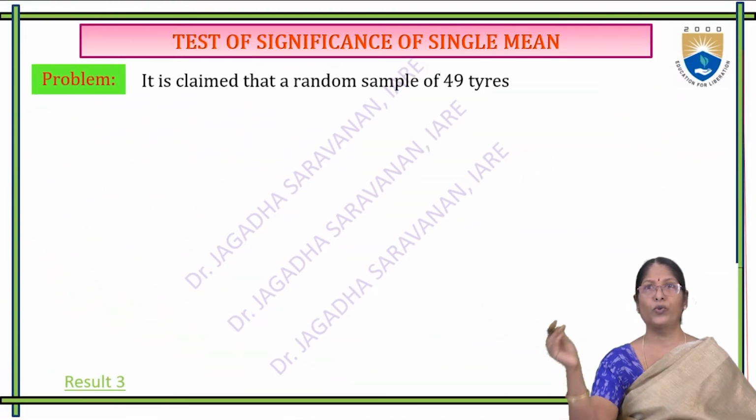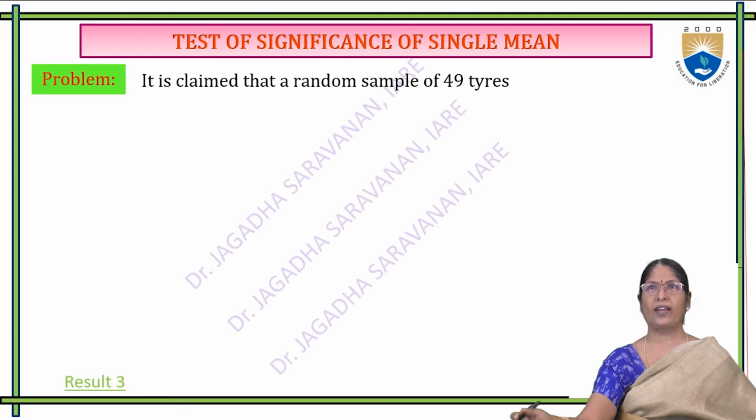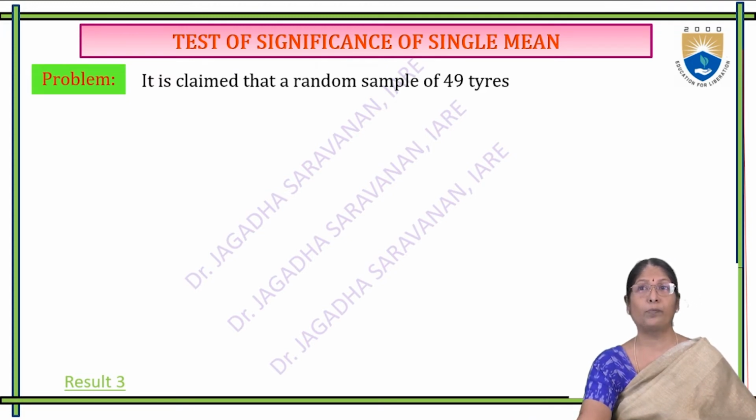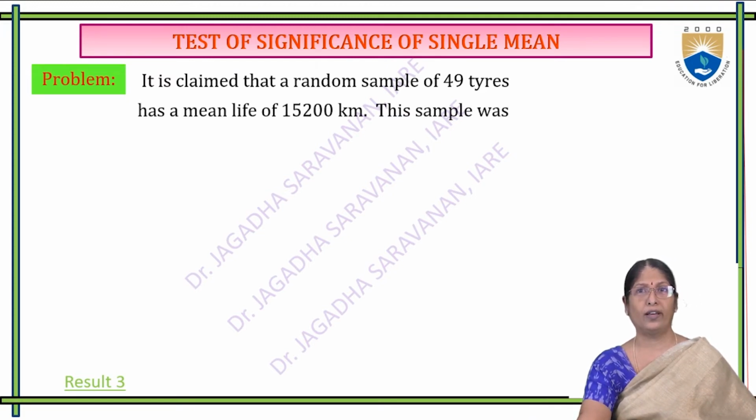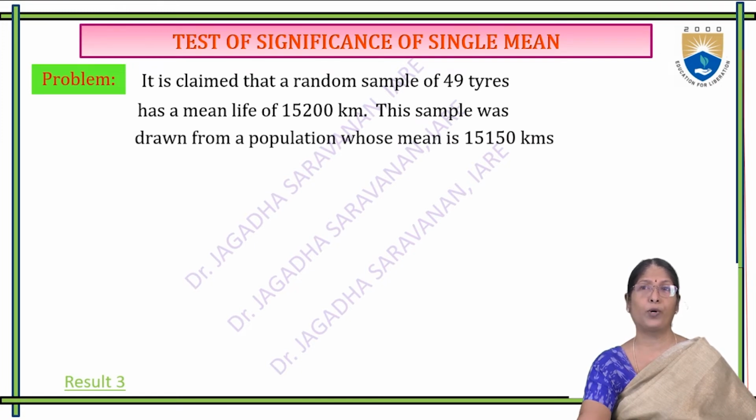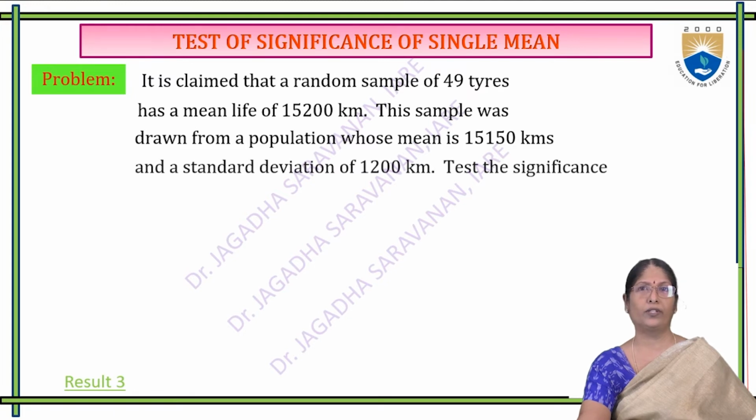So we will move to the next problem. It is claimed that a random sample of 49 tires has a mean life of 15,200 kilometers. This sample was drawn from a population whose mean is 15,150 kilometers and a standard deviation of 1,200 kilometers.